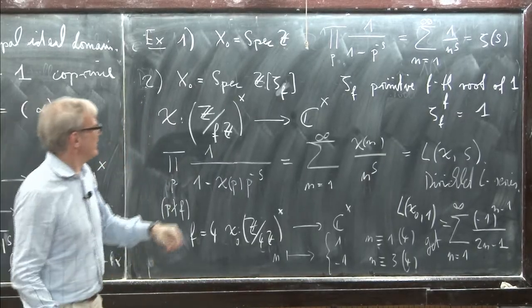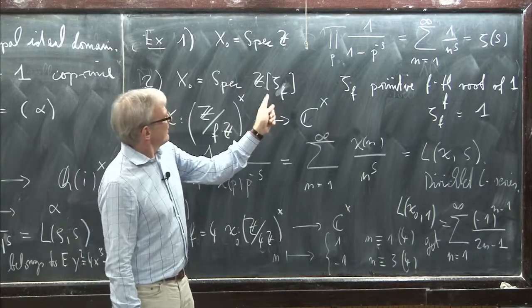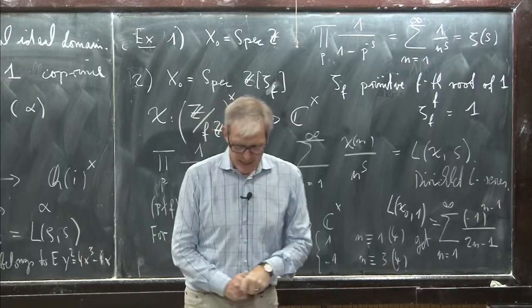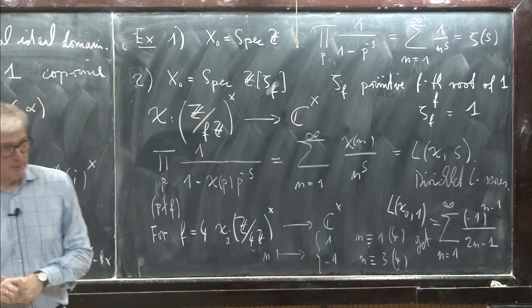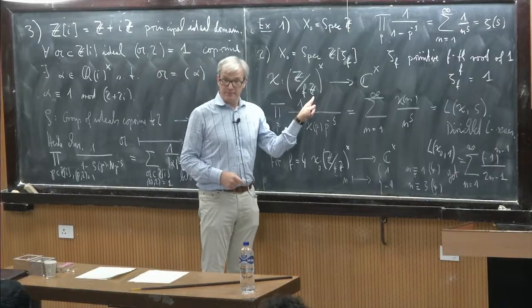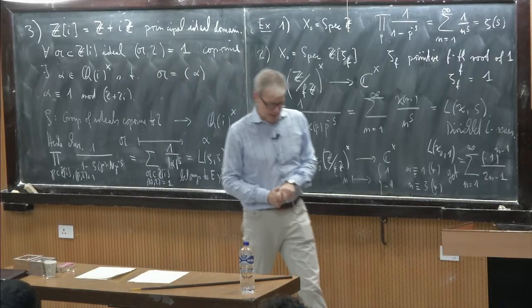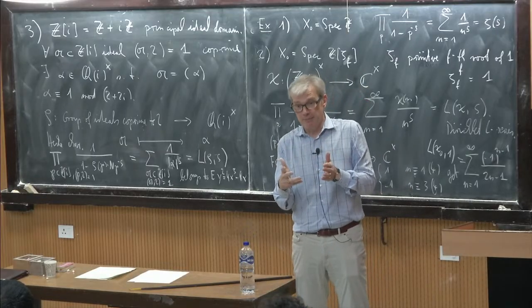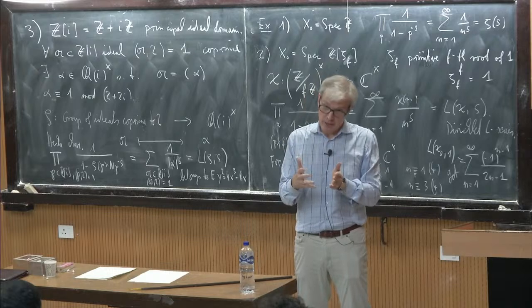Because you see, if you consider now this variety, it has a group action by the Galois group. So this means that if you consider the cohomology of that variety, it inherits such a group action.